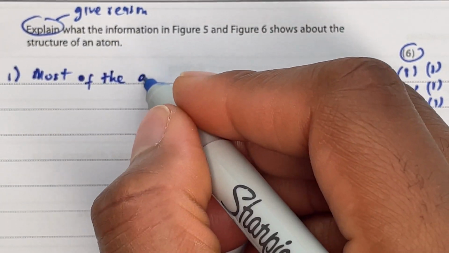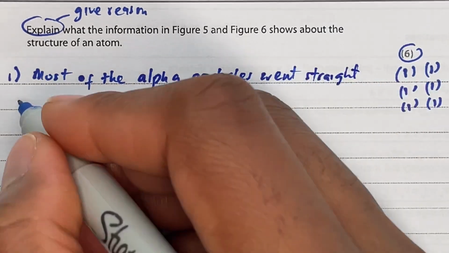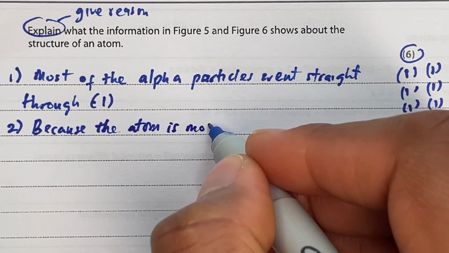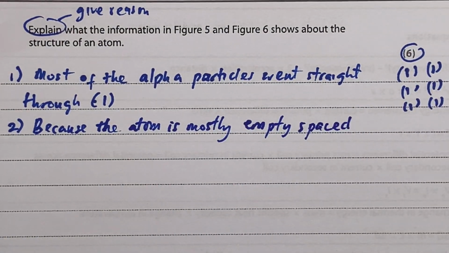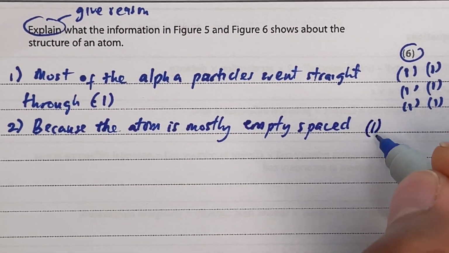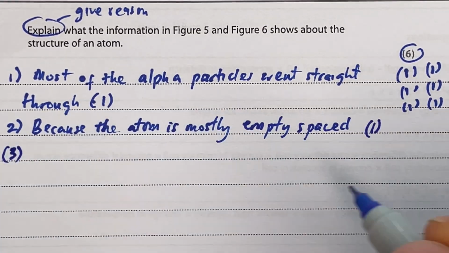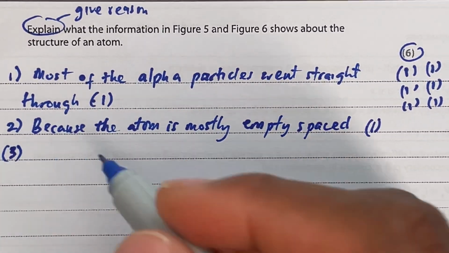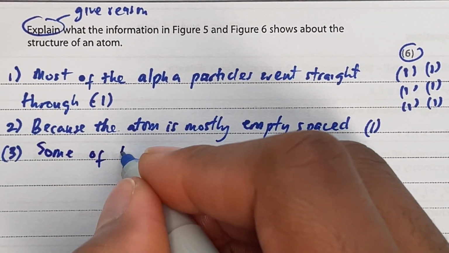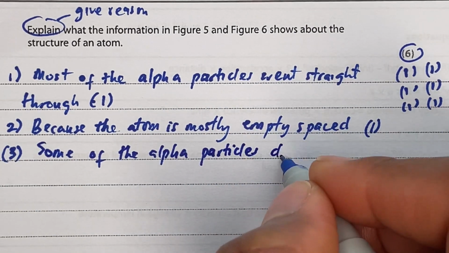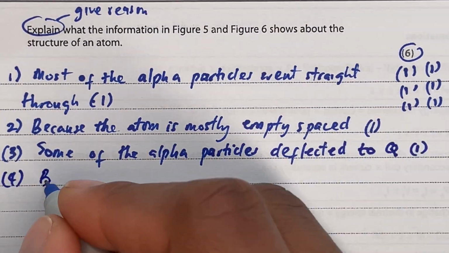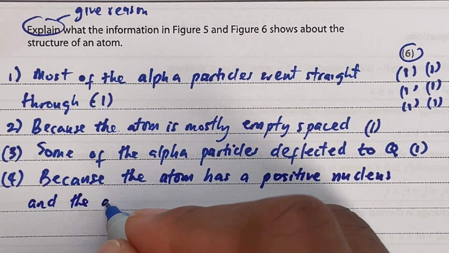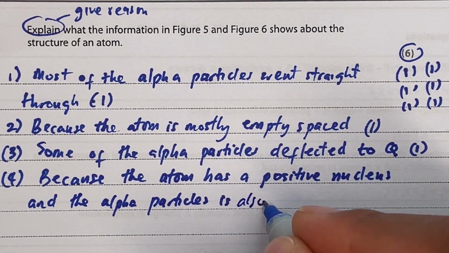Most of the alpha particles went straight through. That's my first point. So my reason would be because the atom is mostly empty space. Okay, so 1 mark for my reason. My next point would be some of the particles refracted. So they changed direction, or I'll say deflected. So some of the alpha particles deflected to Q, 1 mark, because the atom has a positive nucleus and the alpha particle is also positive.